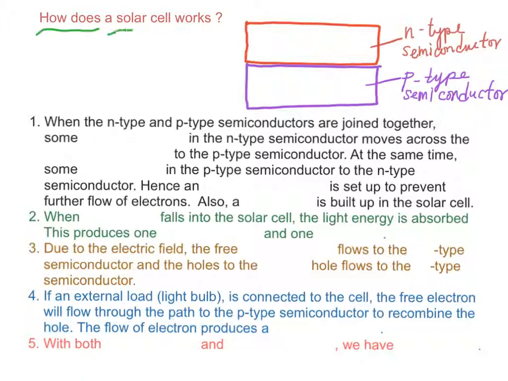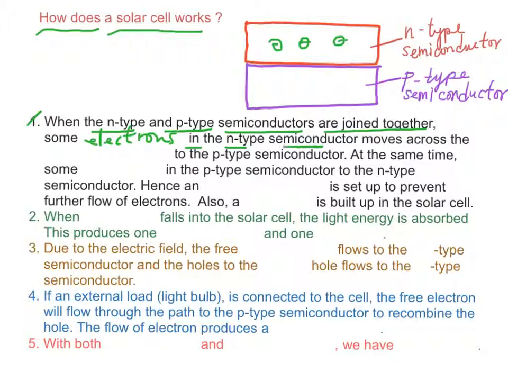How does a solar cell work? First, when the N-type and the P-type semiconductors are joined together as shown, some electrons in the N-type semiconductor move across the P-N junction to the P-type semiconductor.